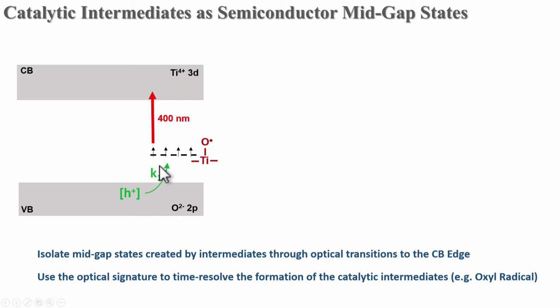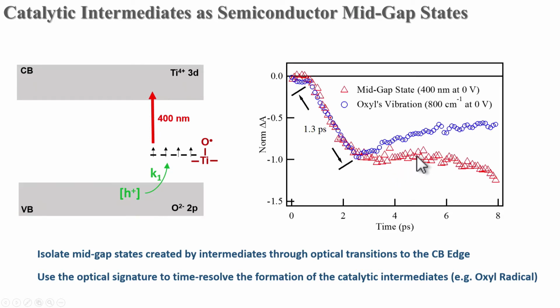Okay? And that's through their optical transitions of these mid-gap states to the conduction band edge. So if we monitor the creation of these during catalysis, we find how fast the surface charge gets there. And that's shown with this red curve here, and essentially a time constant of 1.3 picoseconds. That's essentially time resolving the formation of this mid-gap state.